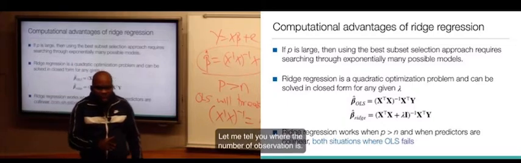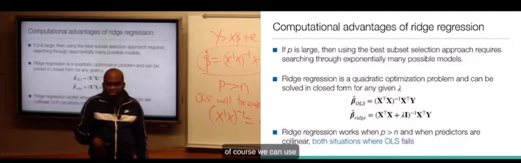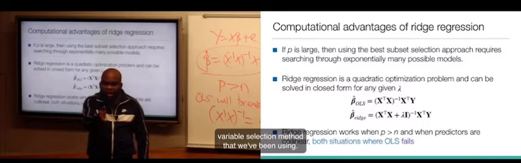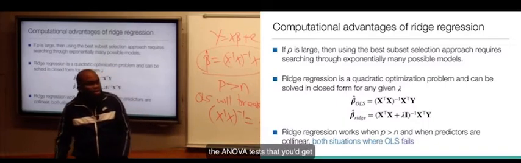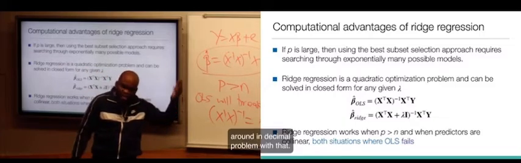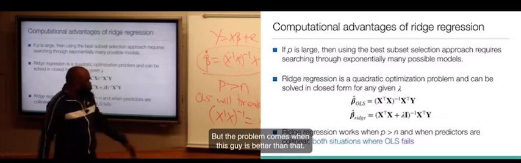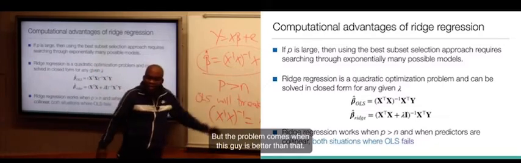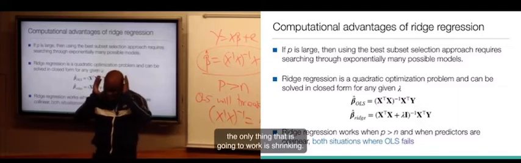When the number of observations is much more than the number of predictors, of course we can use variable selection methods that we've been using, like all subsets, stepwise regression, the ANOVA test. There's no problem with that. But the problem comes when this guy is greater than that. When this guy is greater than that, of course, the only thing that is going to work is shrinkage.